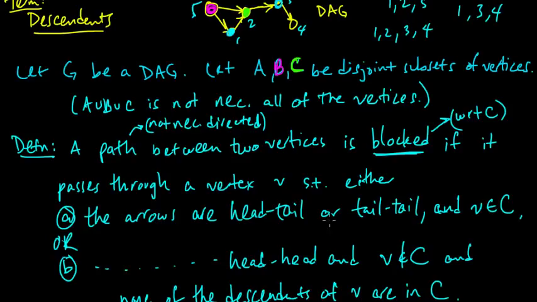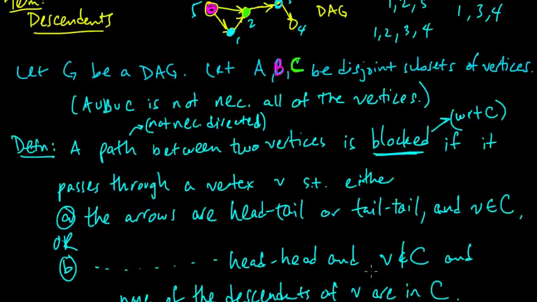It's in C, but this is not a head-to-tail or tail-to-tail relationship. This is a head-to-head relationship, because we go from 1 to 2 and have a head at 2, and the arrow goes from 5 to 2. So it's head to head with respect to that path, and that path is not blocked.